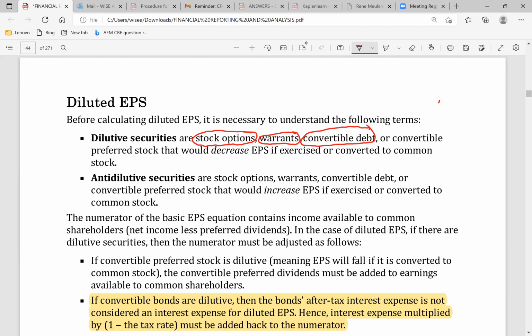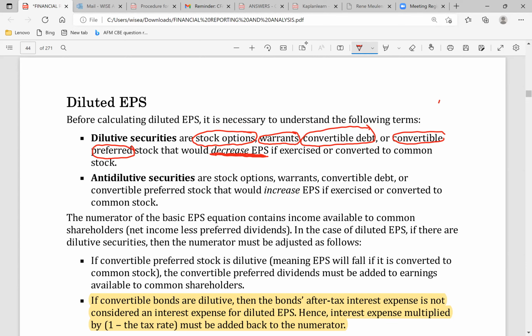If that instrument is part of the company's capital structure, it will have a dilutive effect. We expect all these instruments to decrease the earnings per share if they are exercised. So we don't expect a diluted earnings per share higher than your basic earnings per share.